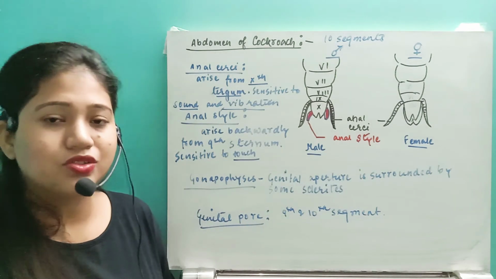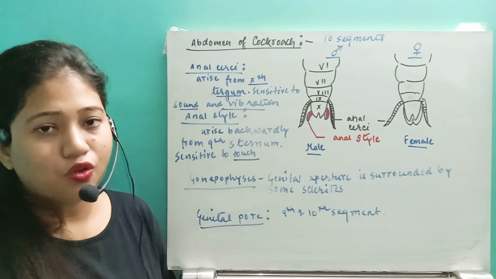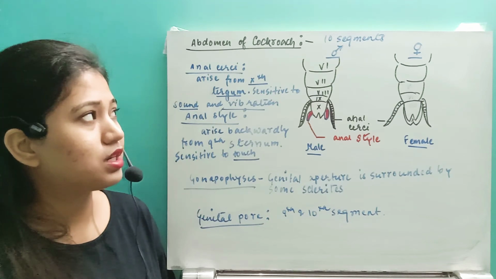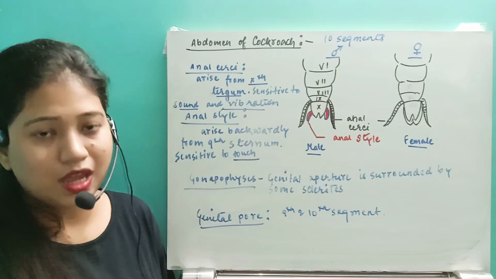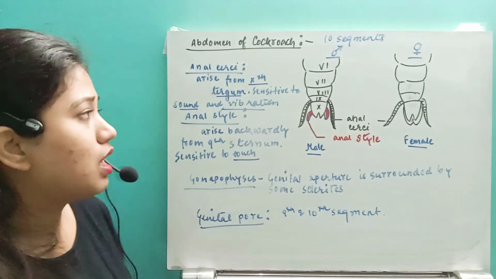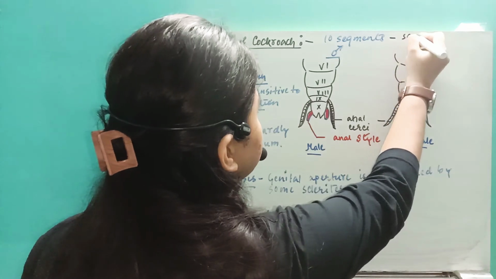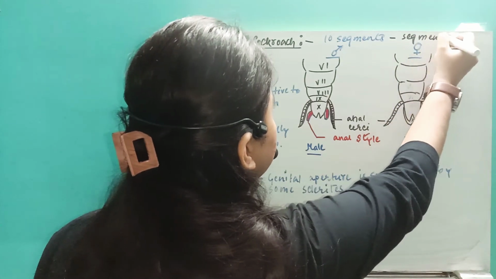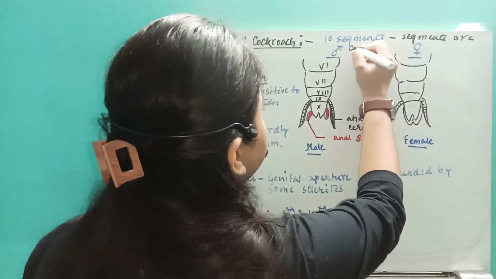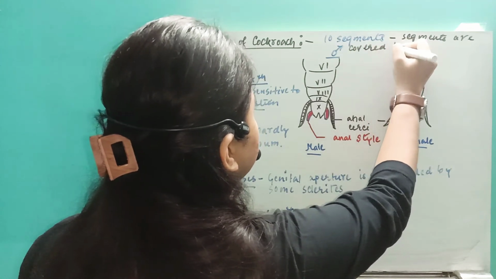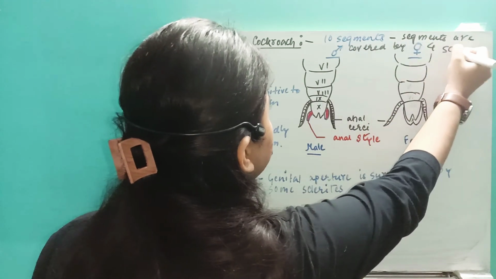Remember that this is all about the morphology. So hope you have remembered. One thing is very important: the abdomen, each of its segments, is covered by 4 sclerites.